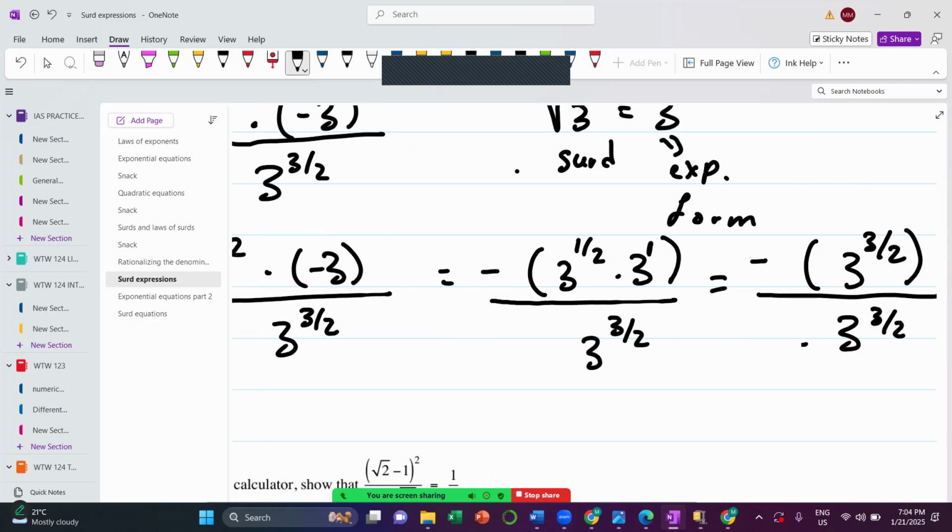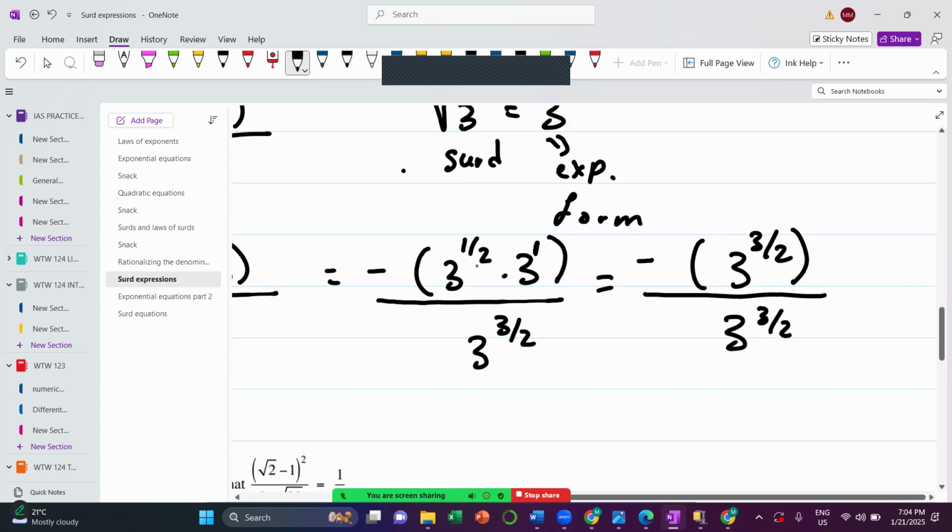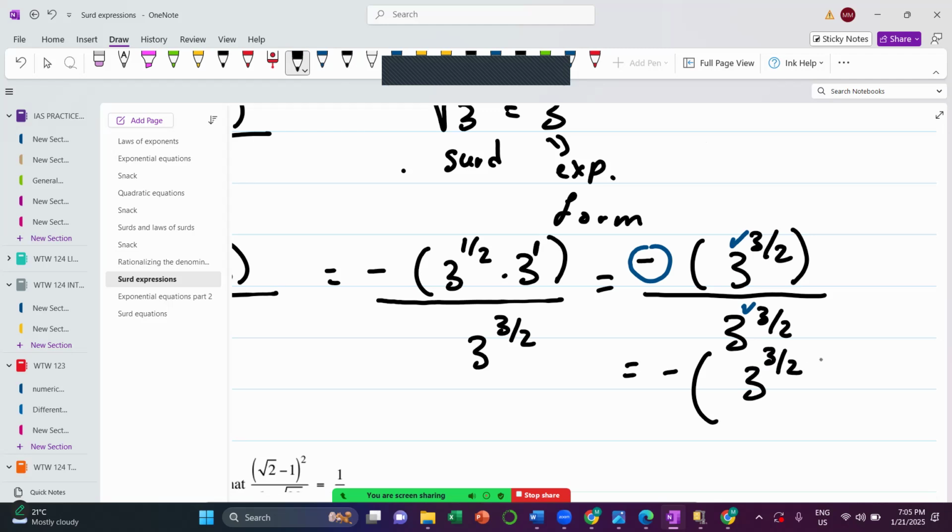You see this negative sign over here, I'm still going to keep it, but I'm dividing the same values. This is the same as that. So I can just say I have a negative into 3 to the exponent of 3 over 2, the top exponent minus the bottom exponent because these are the same bases.